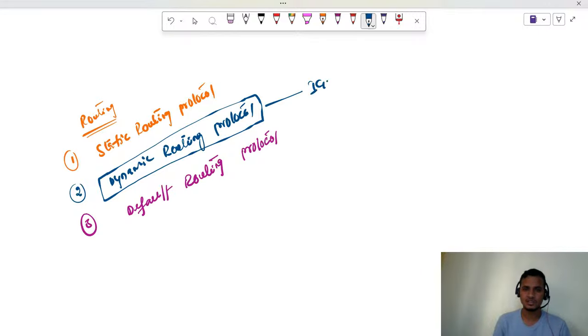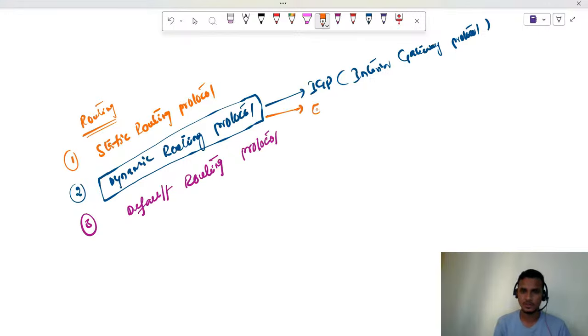IGP stands for Interior Gateway Protocol, right? This is the one, and the second one is going to be classified as EGP. EGP stands for Exterior Gateway Protocol.